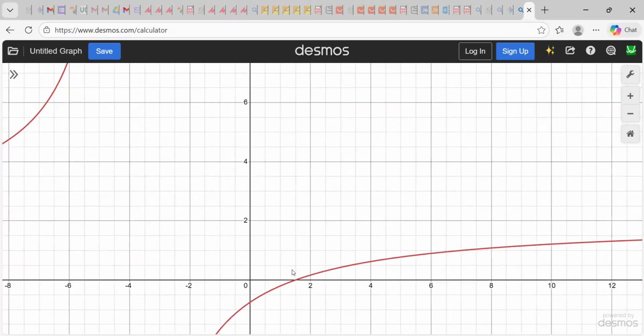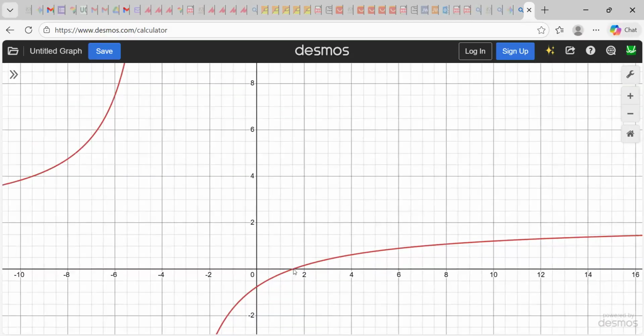This is 1.5, right? So when it's 1.5, it's equal to 0. So that can be in the solution set, but not minus 4. Minus 4 can't be in the solution set, right? So keep that in mind. It's just to illustrate something. Good.